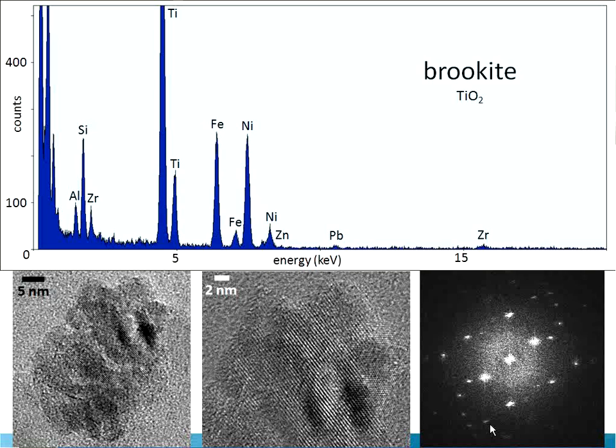So we are using inductively coupled plasma mass spectrometry and diluting a dispersion of our particles so far that we have single particles going into the plasma. And then you get a flash of each particle that is decomposed in the plasma. You probably know that.